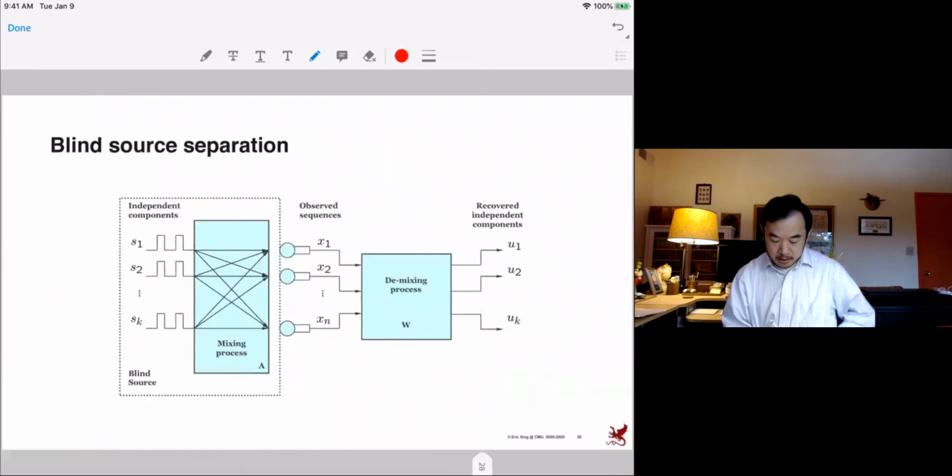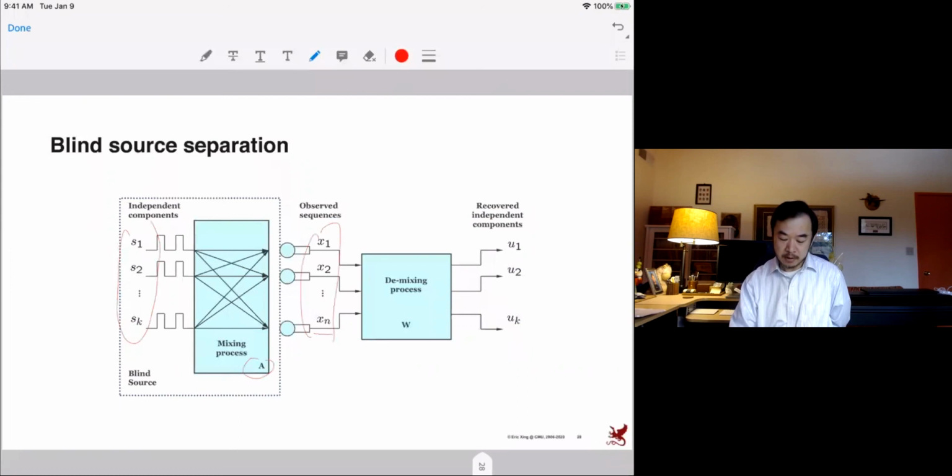So here is a sketch diagram of the blind source separation problem, so that we can be mathematically clear about what our goal is. Signal S is transformed by A into observation X, and we want to find a W matrix, which may be the same as the inverse of A, or maybe different, but it's a matrix.